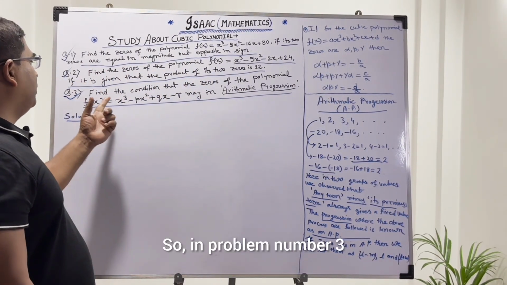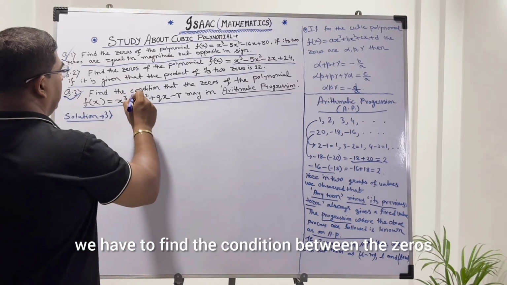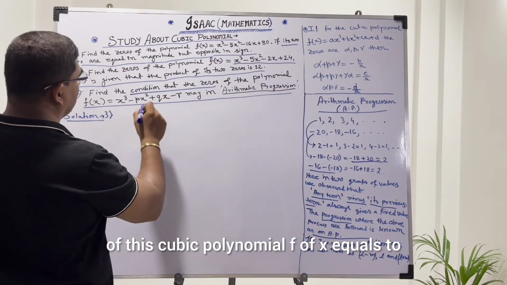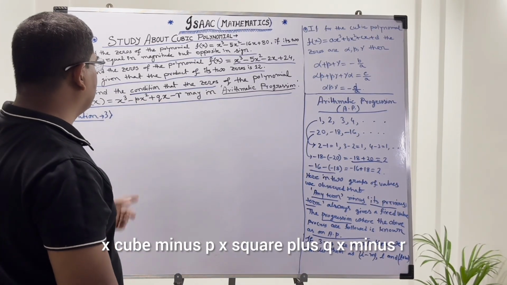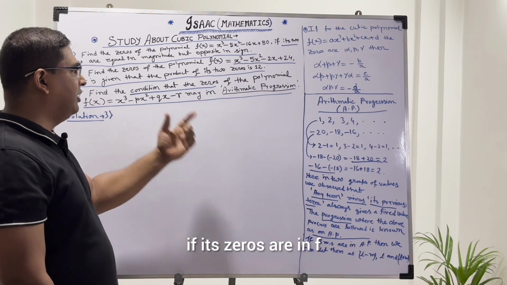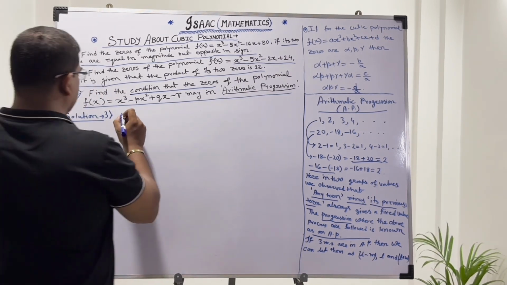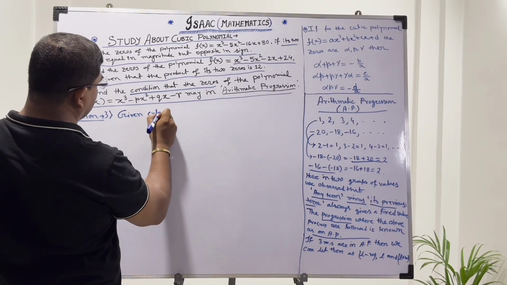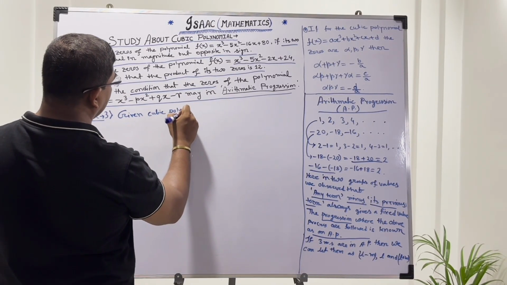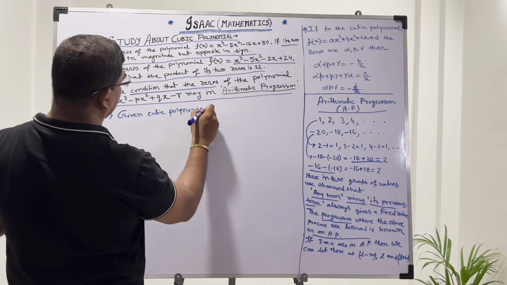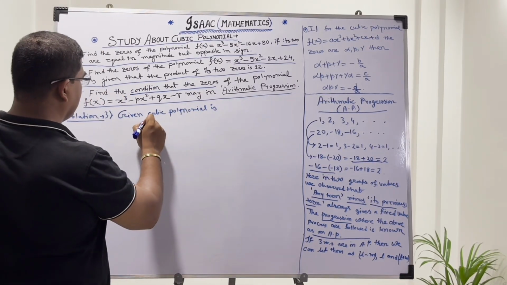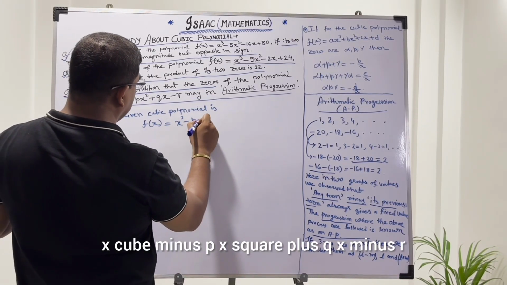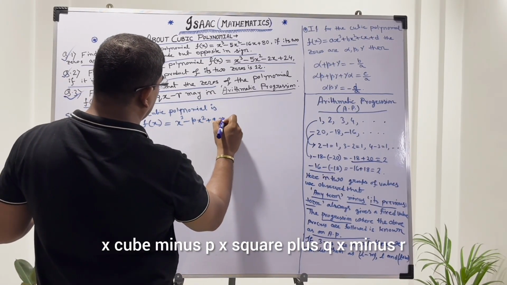In problem number 3 we have to find the condition between the zeros of the cubic polynomial f of x equals x cube minus px square plus qx minus r, if its zeros are in AP. Given cubic polynomial is f of x equals x cube minus px square plus qx minus r.